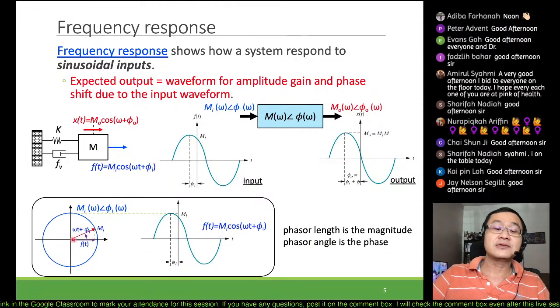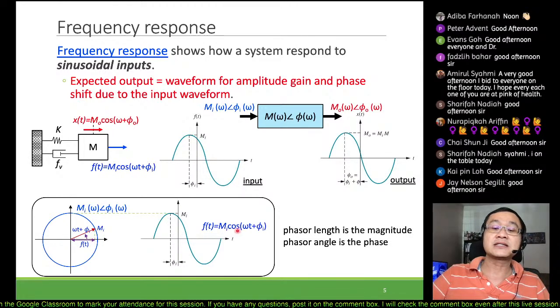The radius, or the length, gives us the maximum magnitude. As this radius rotates, we see the measured length.